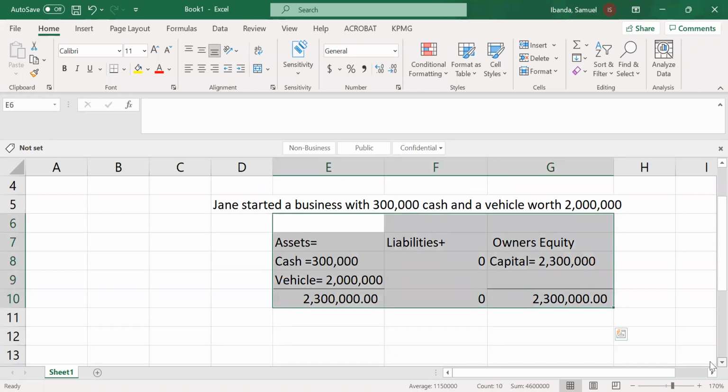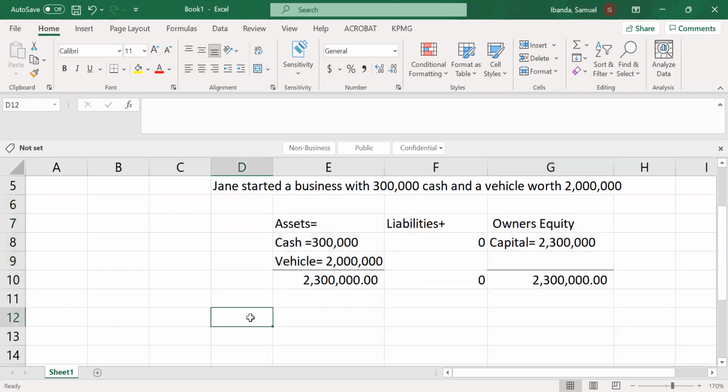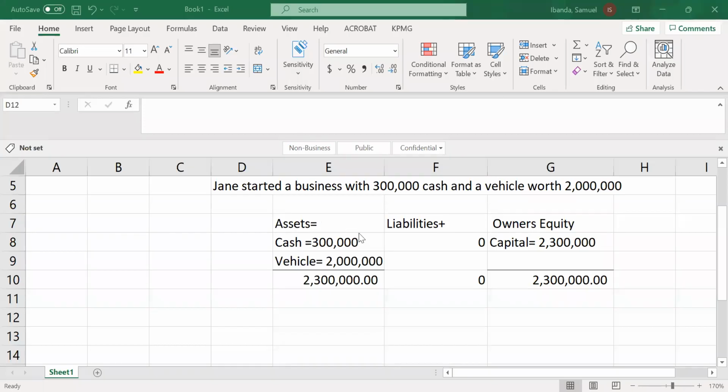Now, I'm going to do another transaction, then I'm going to ask you if you understand this, and you'll be able to ask me, especially my friend Stella, who raised this as a question. But before that, just give me a moment. So we have done transaction 1.